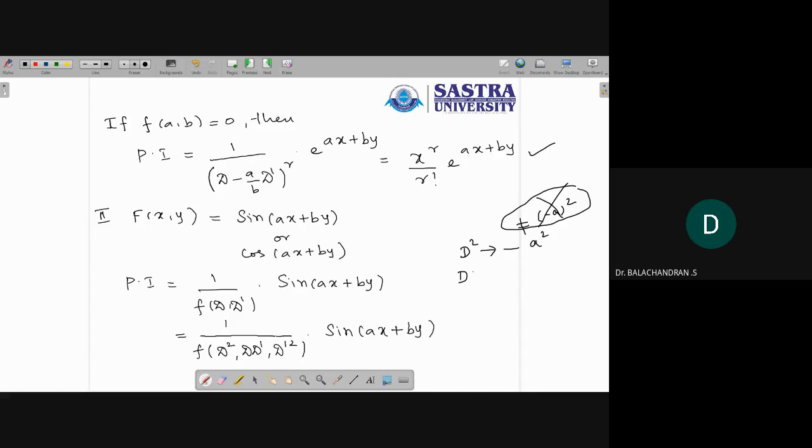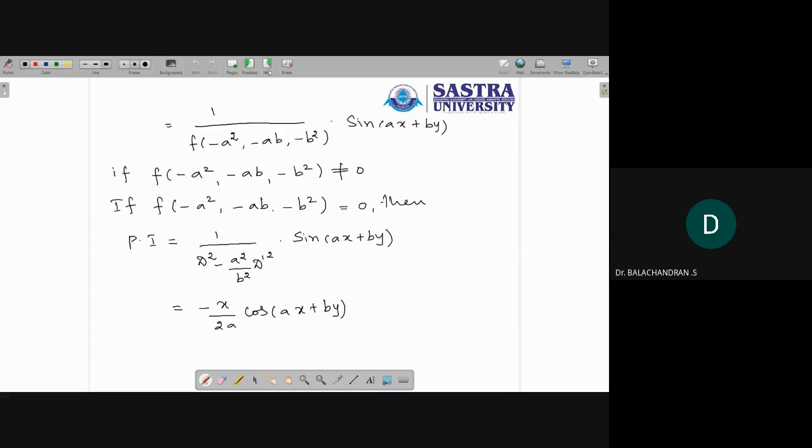For DD', you should replace DD' by −ab. D'² you should replace by −b², for both the cases, sine and cosine. So −a², −ab, −b². You can use this only if the denominator is not equal to 0.